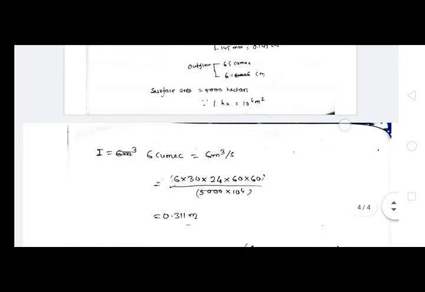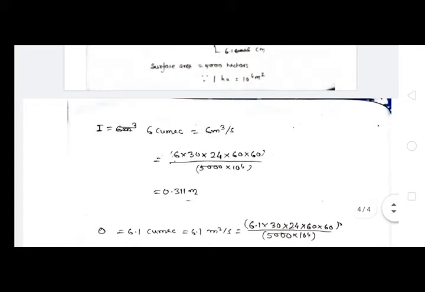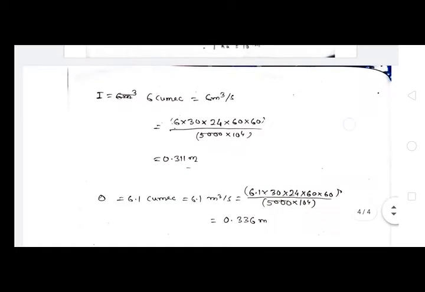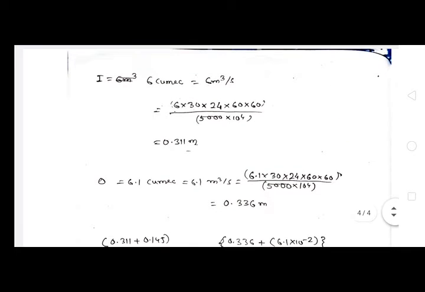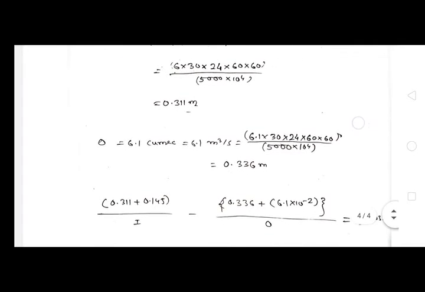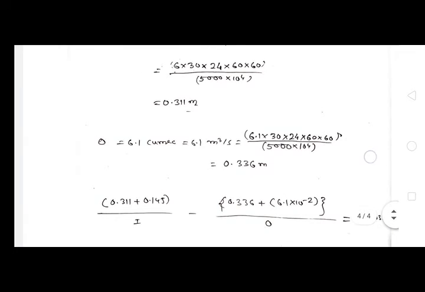Now inflow 6 cubic, cubic means meter cube per second. If we convert it in meter, we have 6 into 30 into 24 into 60 into 60 upon 5000 into 10 to the power 4, as 1 hectare is equal to 10 to the power 4 meter square. So we have 6 cubic is equal to 0.3311 meter. In the same way, outflow 6.5 cubic is equal to 0.336 meter.